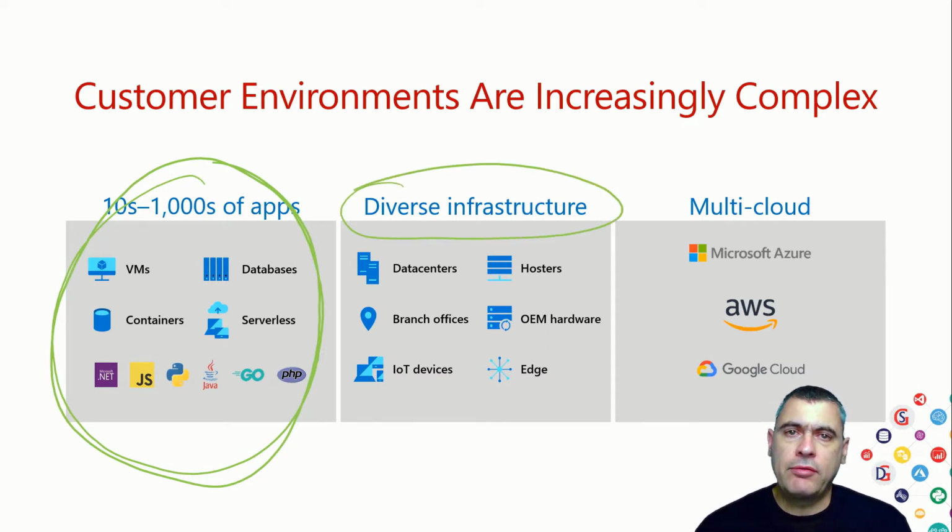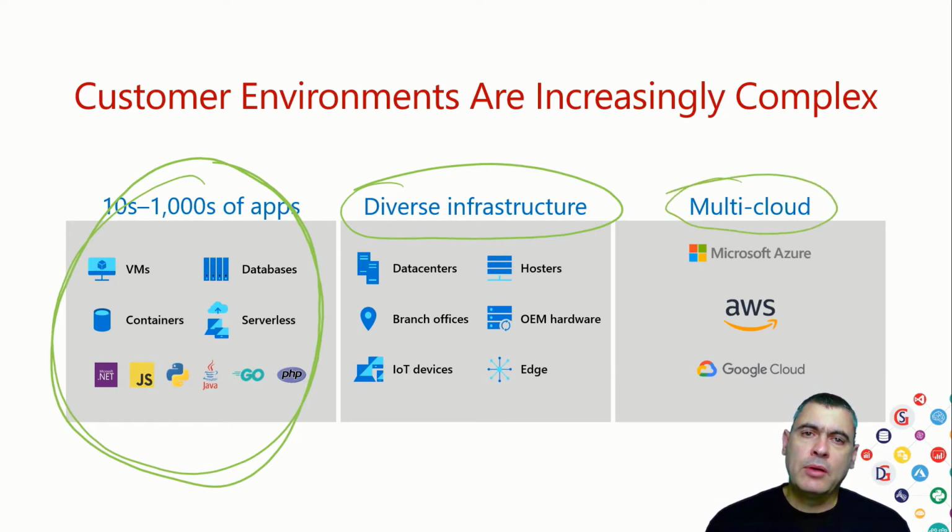You may have infrastructure on your premises, on the premises of some hosters to whom you delegate some of your workloads. You may be using cloud services, which constitute another element of this complexity. If you are using multiple cloud providers, how do you have a seamless experience across those cloud providers that would simplify the experience you get to manage those workloads and grow your business, right? So we know that there is some complexity around that, and it's not always an easy task.